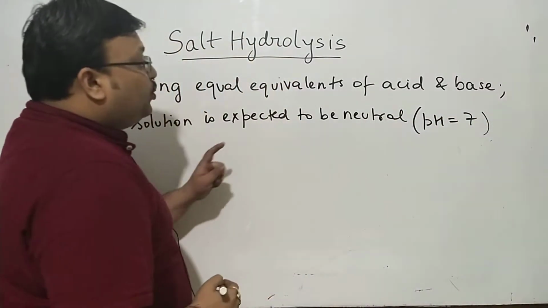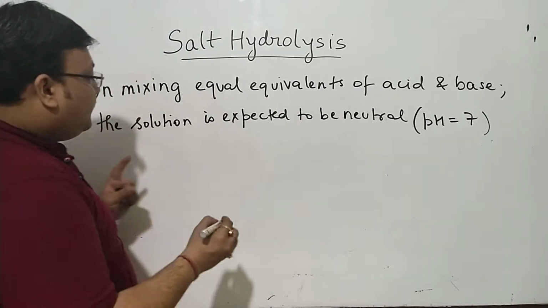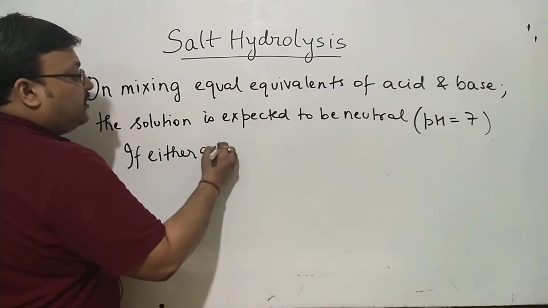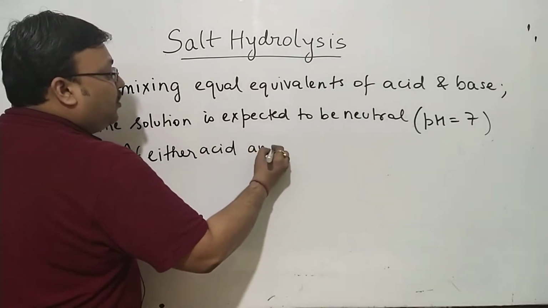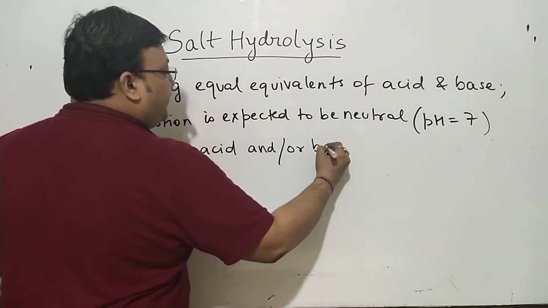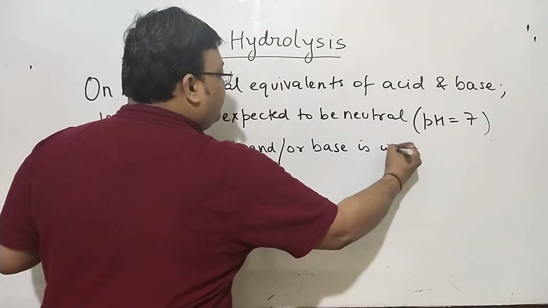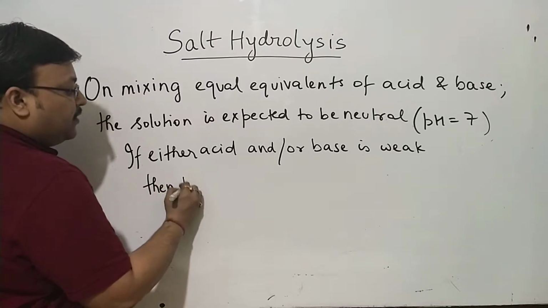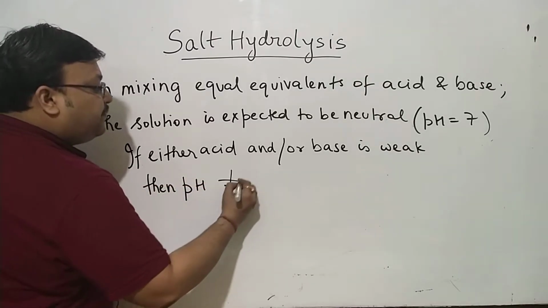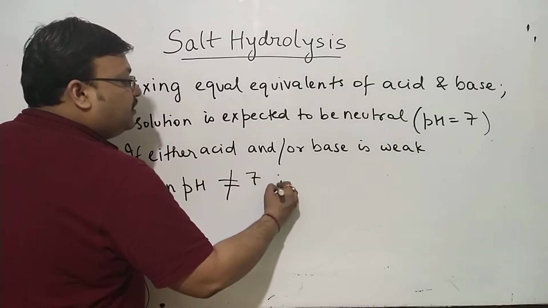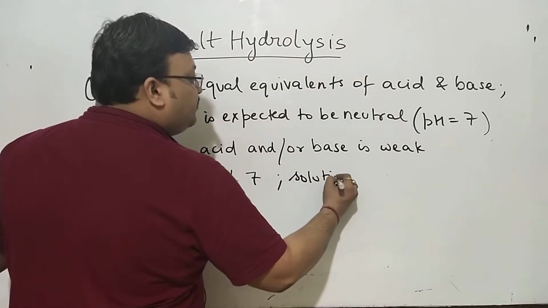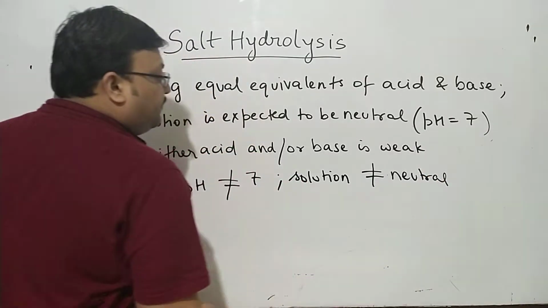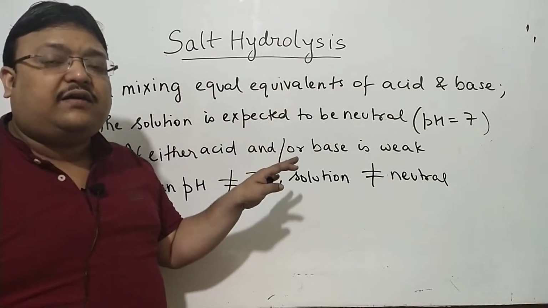That will happen if both the acid and the base are strong. If either the acid or the base is weak, or if both are weak, then pH is not equal to 7, the solution is not completely neutral. The solution is not neutral even when acid and base are equal in equivalence.